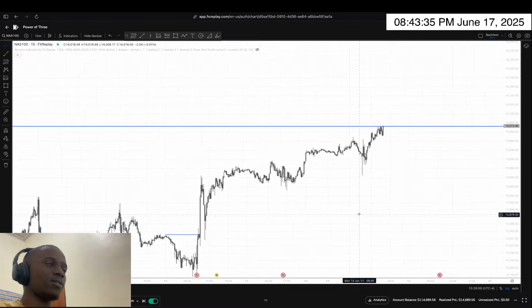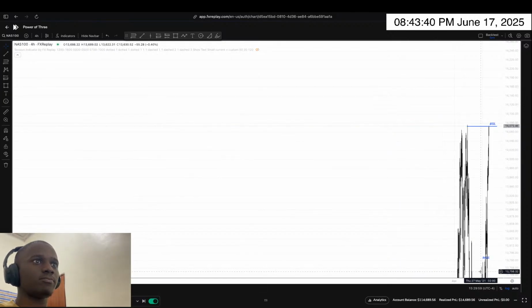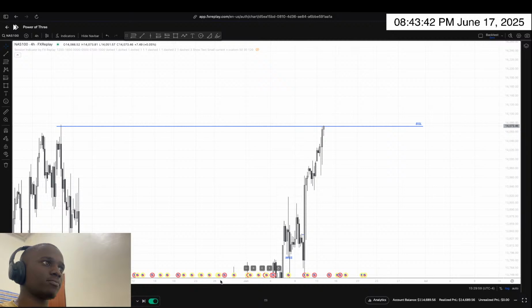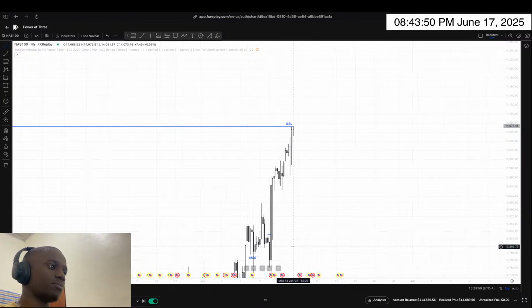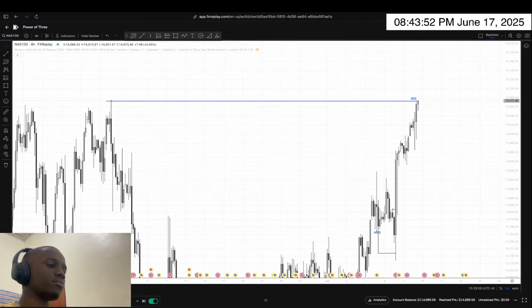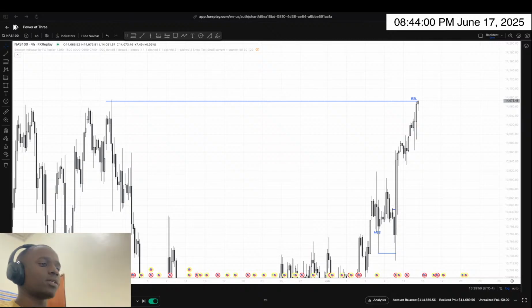So we have the buy side taken out now. I would like to go to the 4 hour. Let's say we took out buy side right there, which means we might be about to create the all-time high as well. Okay, good.